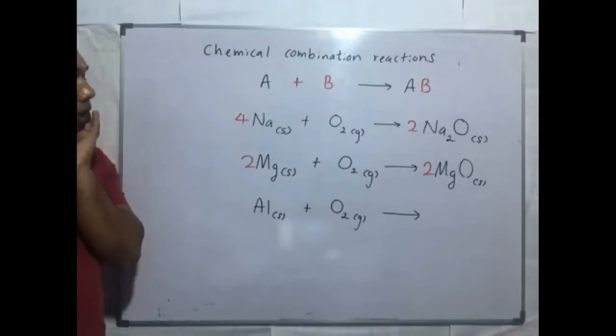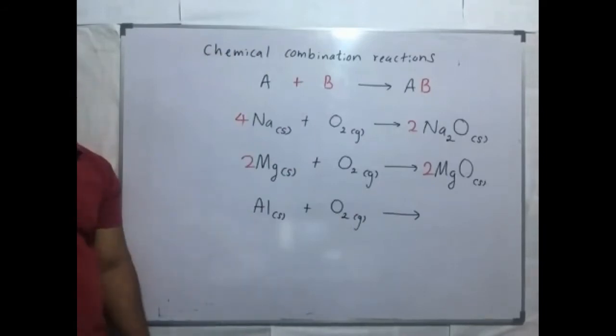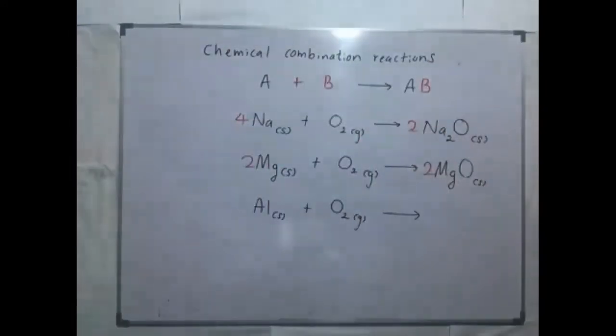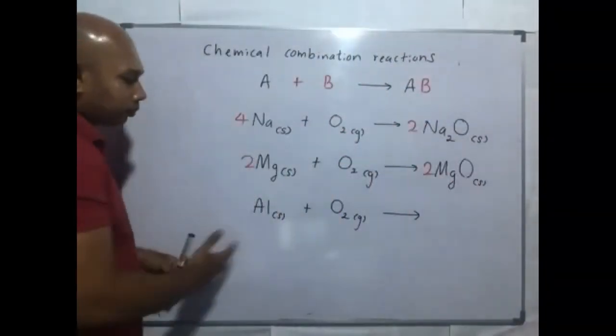To decide the product, for aluminum, think about the group number. So valency equals its group number. For the aluminum valency 2, right?